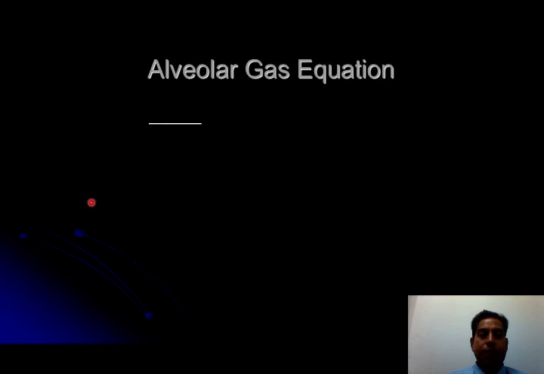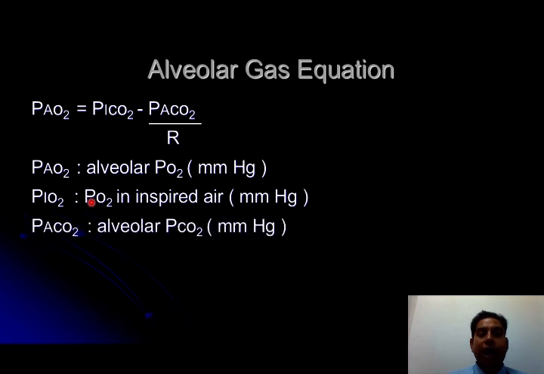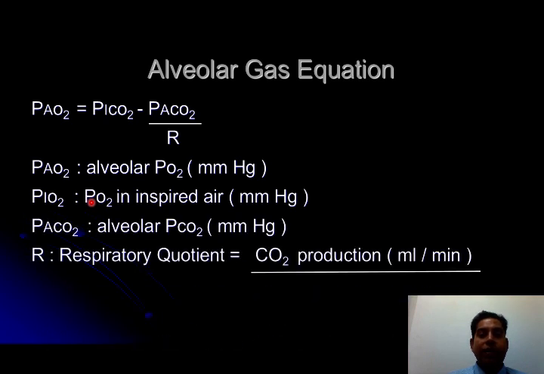Next, we move on to the alveolar gas equation, which states that the partial pressure of oxygen in the alveolar air is directly proportional to the partial pressure of oxygen in the inspired air minus the partial pressure of carbon dioxide in the alveolar air divided by the respiratory quotient, R. What is this R?